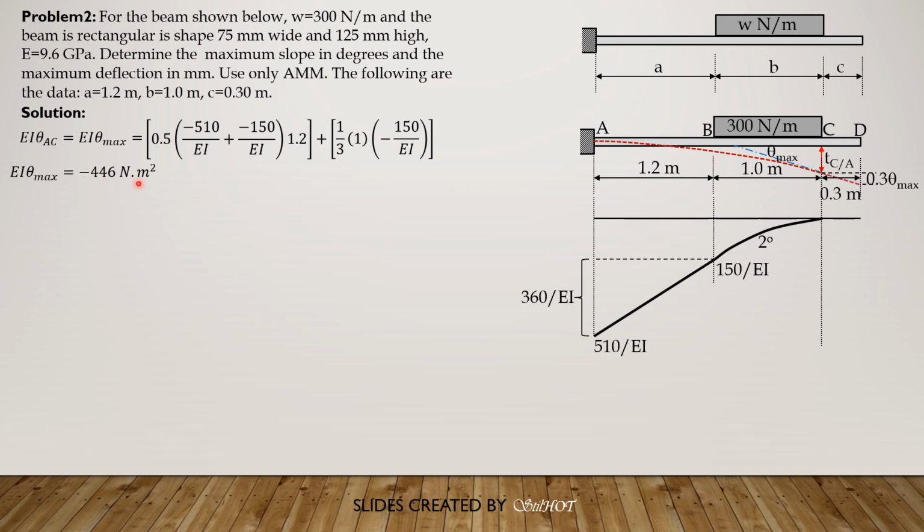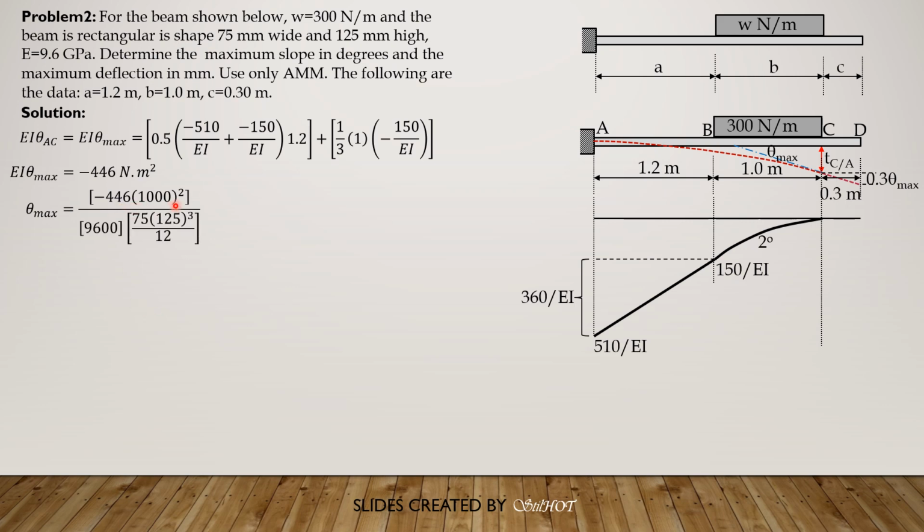So we just convert this to Newton mm square. E must be in megapascals, so 9,600 megapascals, and I is in mm to the fourth, so that the resulting unit would be in radians. Then we multiply by 180 degrees divided by pi radians.